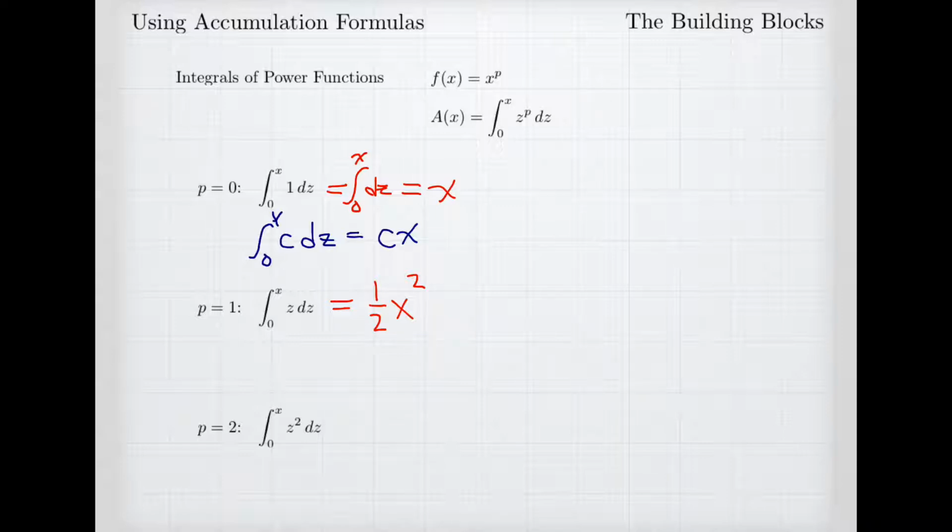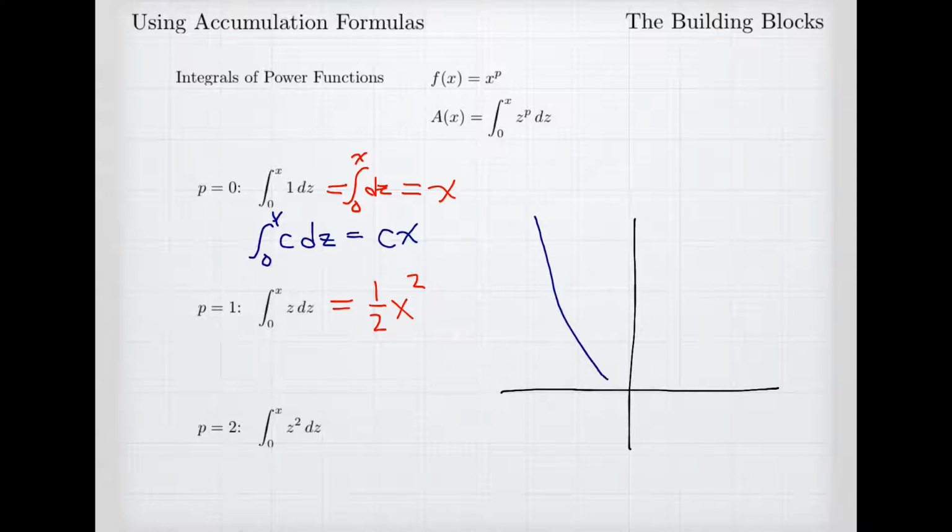Our third example of an accumulation function that we'll develop uses the power of 2, so that I'm integrating my independent variable squared, so z squared dz, again going from 0 to x. When I draw the graph of this function, we know that y equals z squared is a parabola.